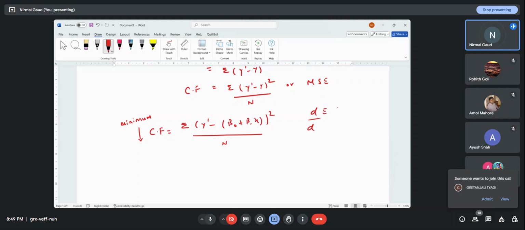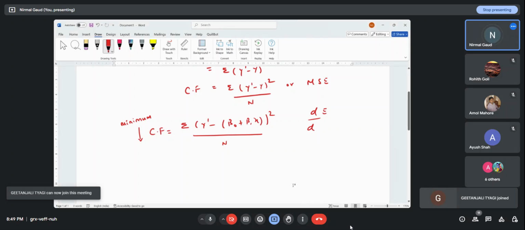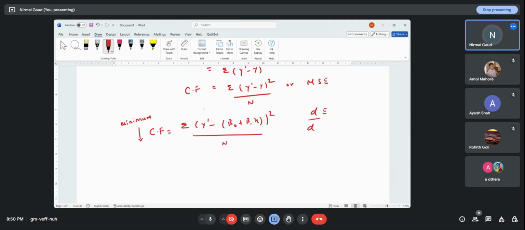We got two parameters, beta naught and beta 1, and yesterday in class we solved for beta naught. That means I differentiated this error with respect to beta naught, and beta 1 I kept constant.